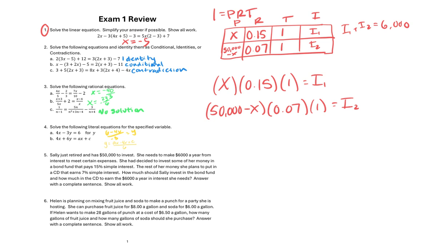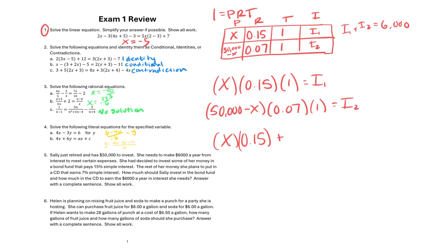So we have, let's simplify down a little bit. We have X times 0.15, and it's added to this bottom one. So we need to multiply this 0.07 across. So we have 50,000 times 0.07, which is going to be 3,500.